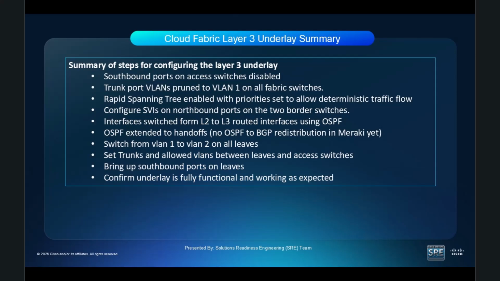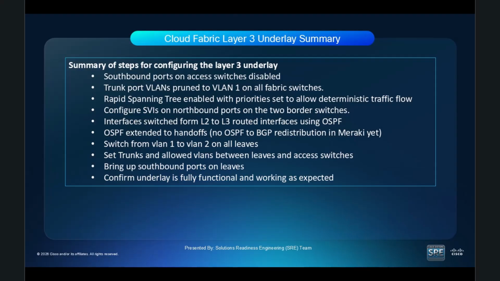From there we configured our SVIs northbound on the borders, and then we did the interfaces in the fabric from layer 2 to layer 3 routed using OSPF. At this time, the Meraki Cloud Fabric does not do BGP to OSPF redistribution. So we extended the OSPF up to our handoff switches so that we could redistribute that into BGP to go northbound to the internet.